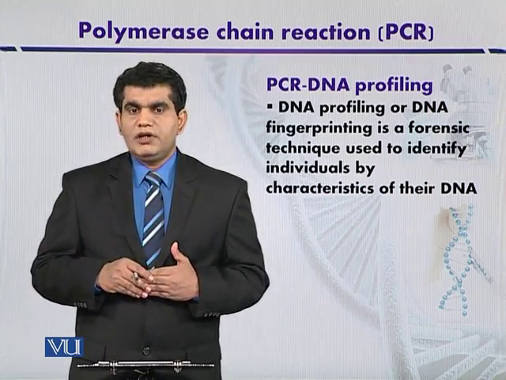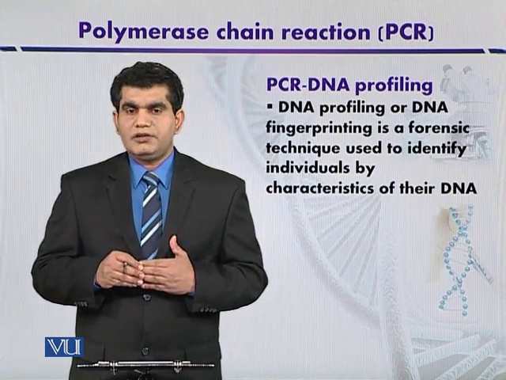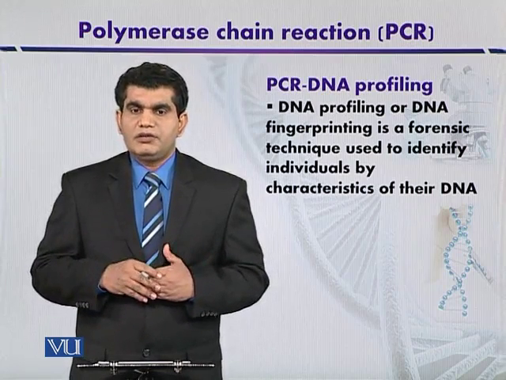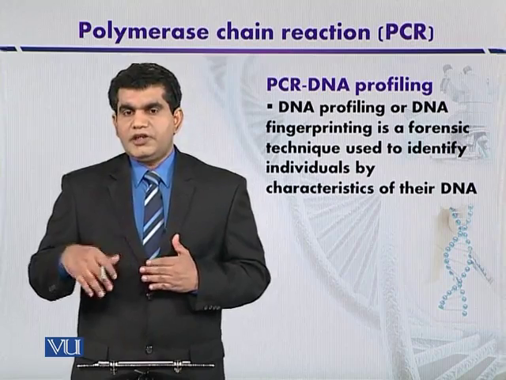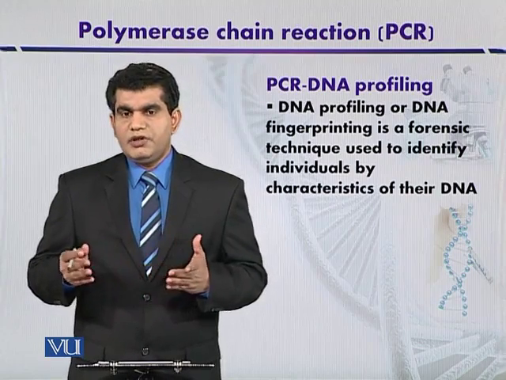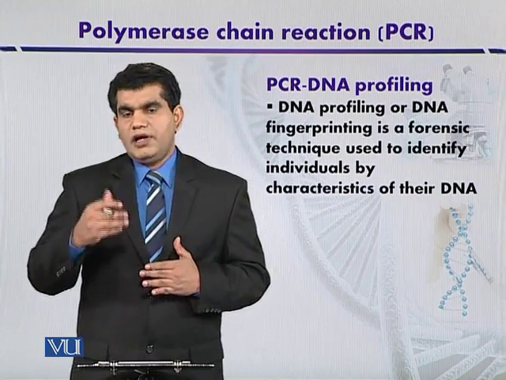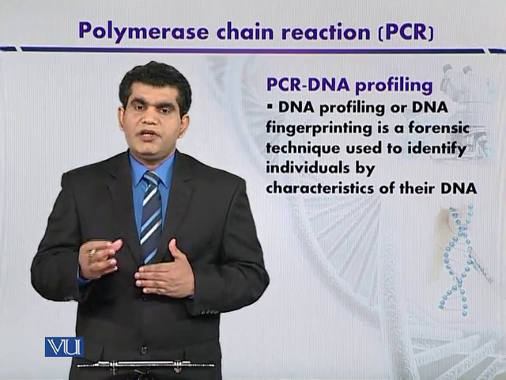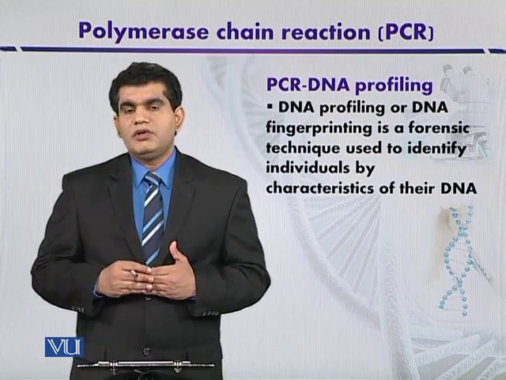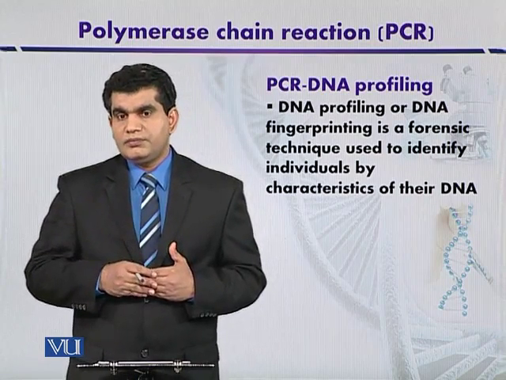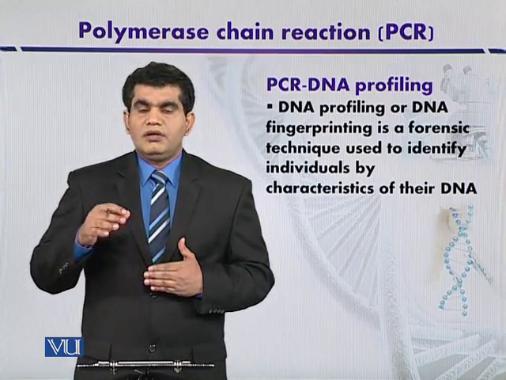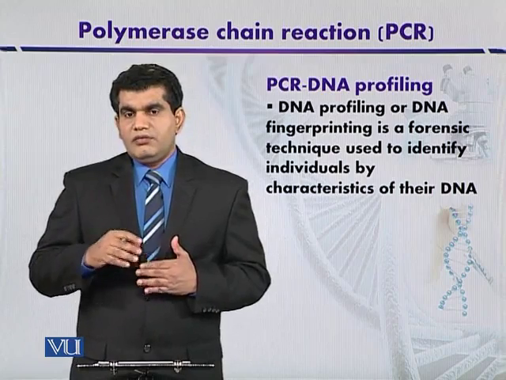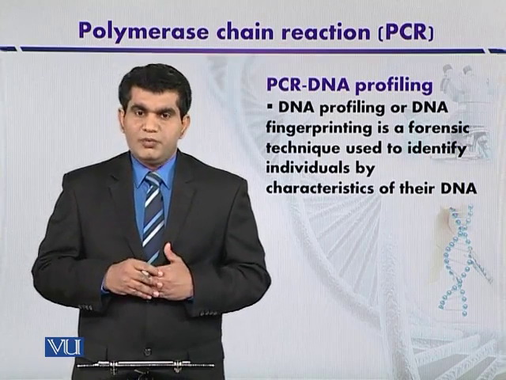DNA fingerprinting, I just explained to you that here we can use the restriction fragment length polymorphism and its modified form AFLP. So we can extract the genomic DNA from the evidence or tissue or blood sample that we have collected, and then we can digest it with a restriction enzyme after the extraction of genomic DNA.